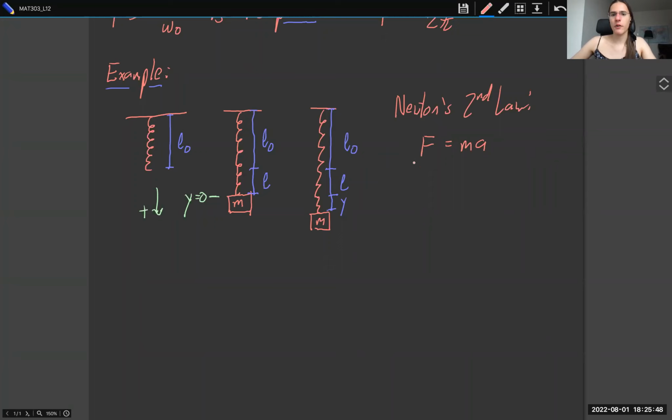So force has units of kilogram meters per second squared, if it's measured in newtons. A newton is a kilogram meter per second squared. Now, acceleration we can write as the second derivative of position. So this is equal to m d squared y dt squared.